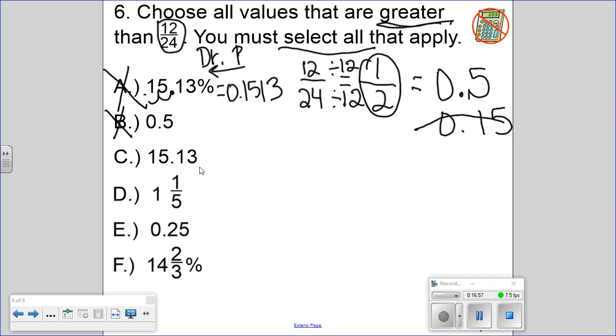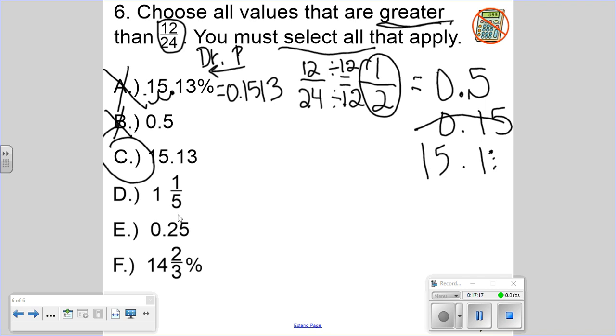C is already a decimal. It's already in number form. It says 15.13. Well, I know that's a whole number, 15, and some left over. 15 point anything is going to be greater than 0.5, so C is definitely a good choice.